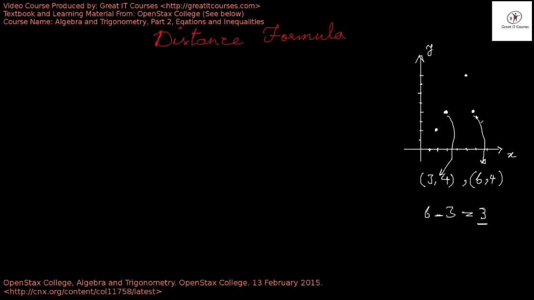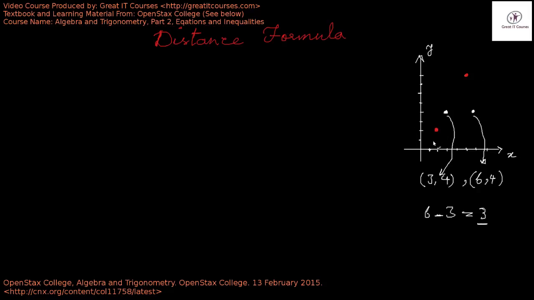But the problem here is that the 2 points that I have over here, and whose distance I want to know, are not on a horizontal line, and they're not on a vertical line. If they were on a horizontal line, I could calculate it like we did here, and by the same logic I could calculate the distance between 2 points on a vertical line, which would also be easy.